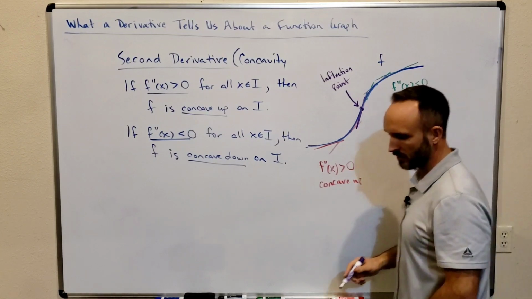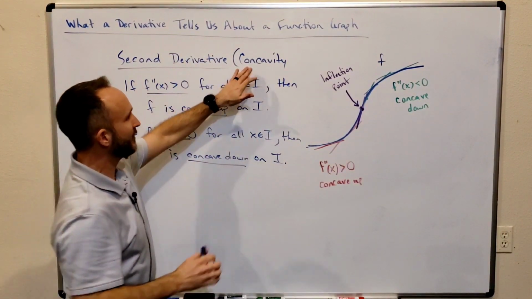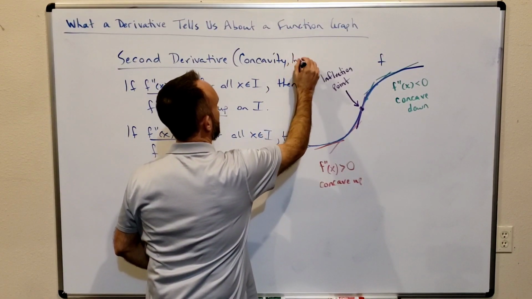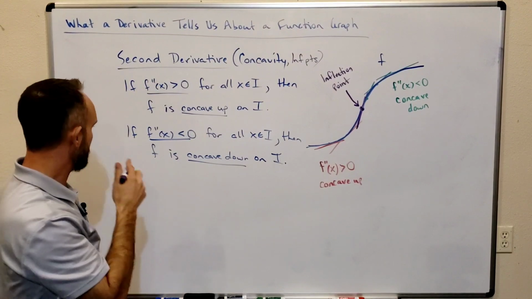Okay? So now, the second derivative tells us concavity, but it also tells us any inflection points. Okay? So how does it do that?